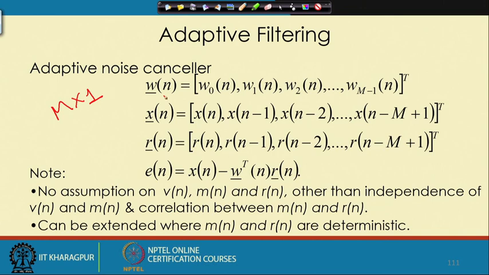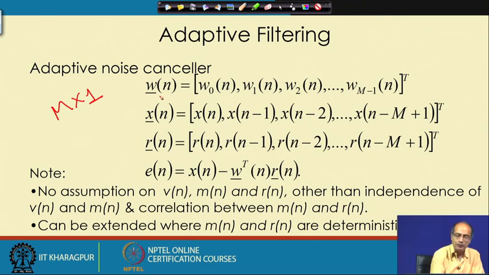Please note one thing: unlike the optimal filter, here the tap weight has an index of n, which means it is changing with time, so that it can adapt and give us the optimal estimate of the noise, even if the interfering signal or the signal of interest are changing with time, and maintain that optimality.